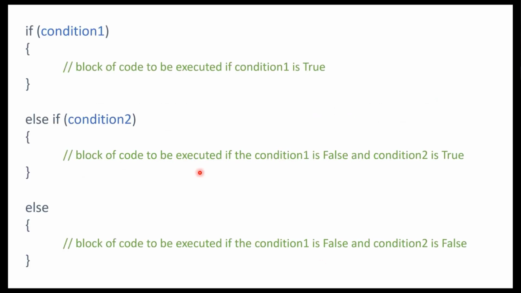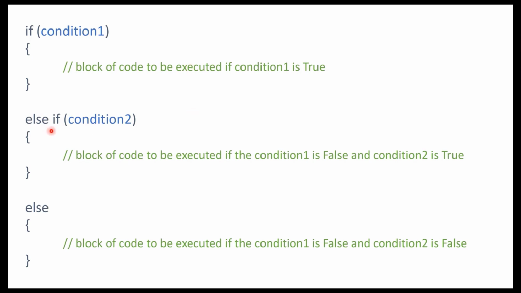The next thing we will need is the if function, where we just set the condition. So if condition 1 is true, this block will be executed. If not, it goes to the next one.